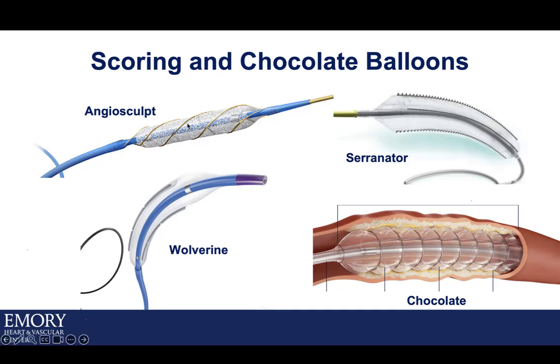And then we have the Chocolate balloon, which is basically a semi-compliant balloon that has nitinol wires throughout the balloon, almost forming a cage. And this cage confines the balloon, prevents it from slipping, and also prevents dog boning.